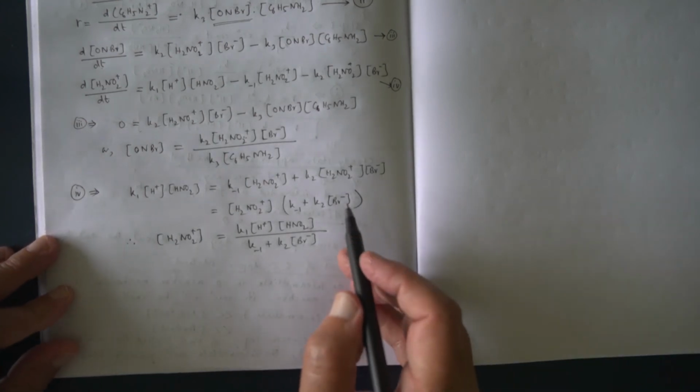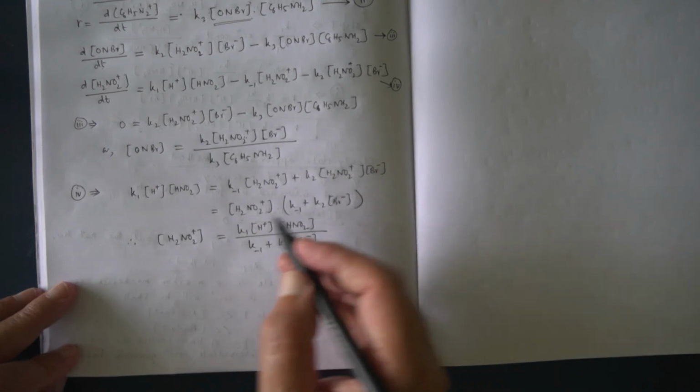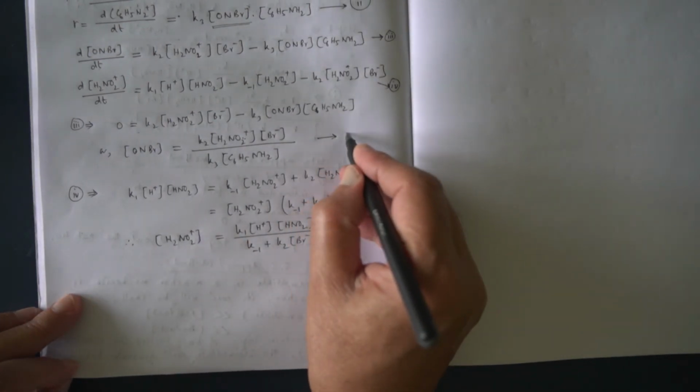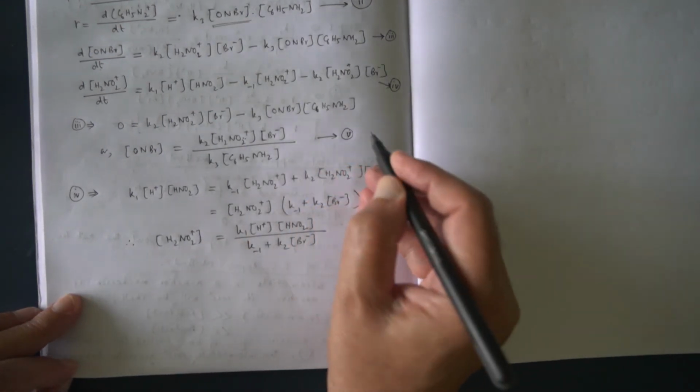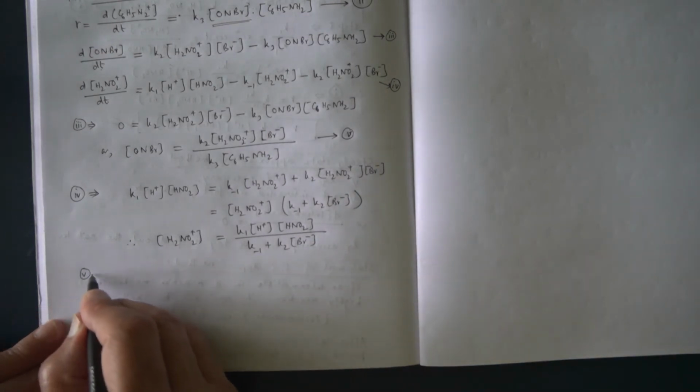So this is number 5. From 5, what we get?